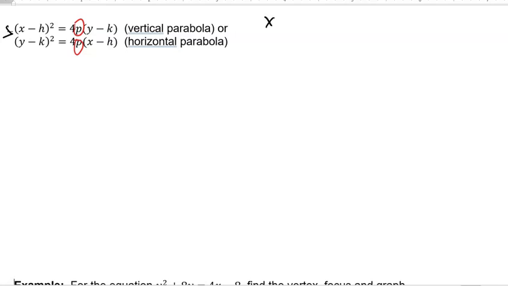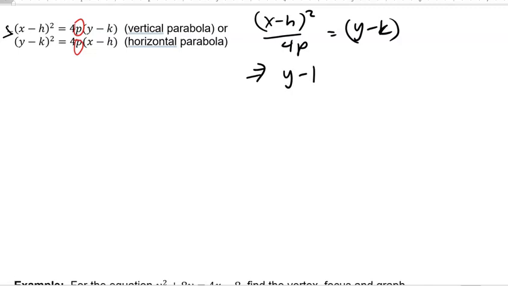So we get (x minus h) squared divided by 4p is equal to y minus k. And if I just switch the sides, I have y minus k is equal to, and I'm going to write that coefficient as 1 over 4p in the front, and then parentheses times (x minus h) squared.